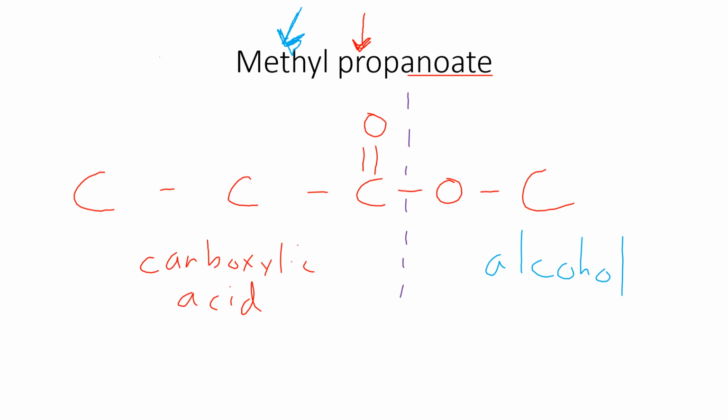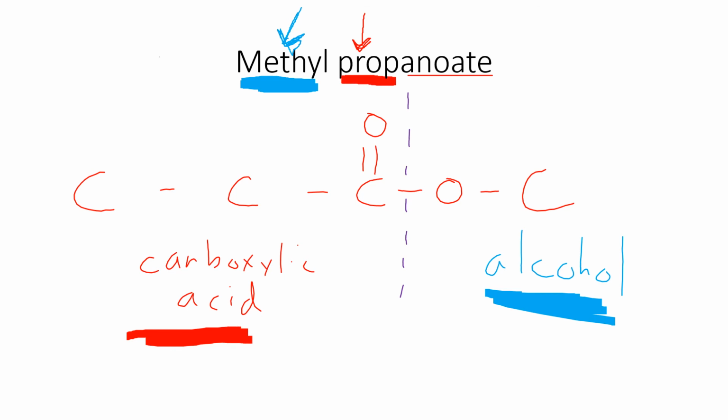And remember, this all involves correctly dissecting the molecule and then identifying where your pieces are. The side with the oxygen is from the alcohol. That matches up with that branch-like name out in front. The carboxylic acid side of the molecule is the side with the C double bond O. That's where your root is coming from, your prop.